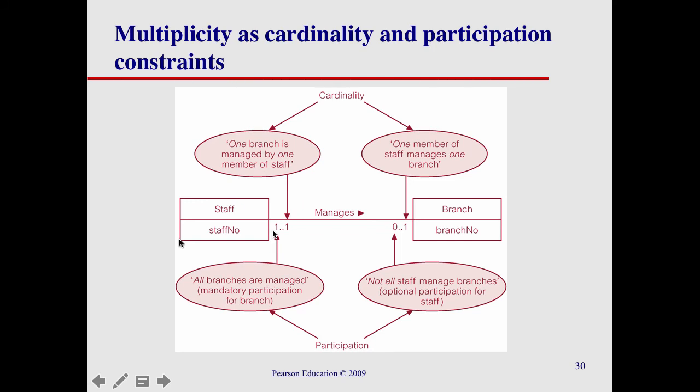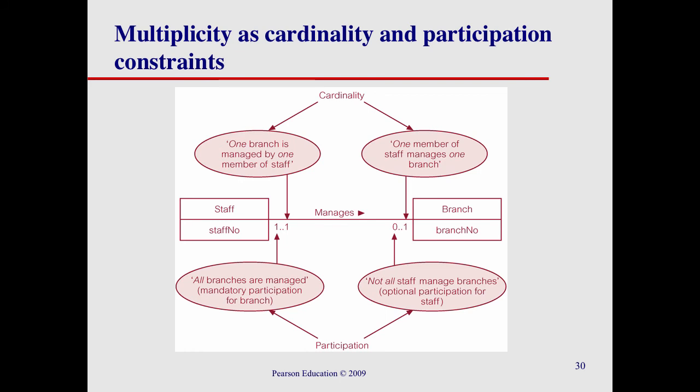So a branch must have a manager, and a branch can have at most one manager. So it's 1..1 to indicate that there's a minimum of one manager and a maximum of one manager. So this is the number of entities that may occur in one instance of that relationship.